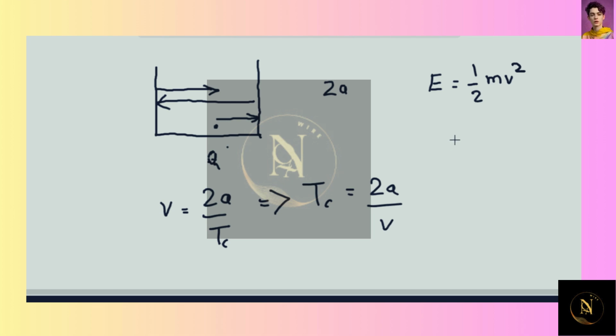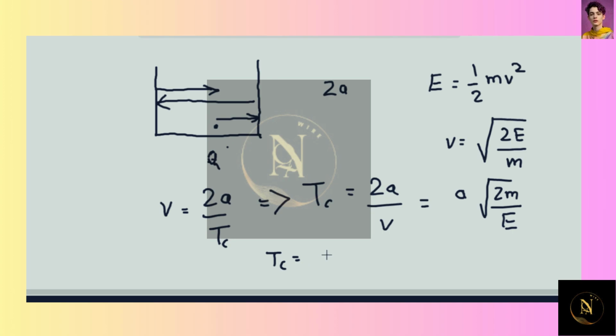So here we have the value of velocity given by v equals the square root of 2E by m, and we can substitute in this expression, which will give us a times the square root of 2m by E. We have just substituted the expression for velocity, and we get the final answer of the classical revival time as T_c equals a times the square root of 2m by E.